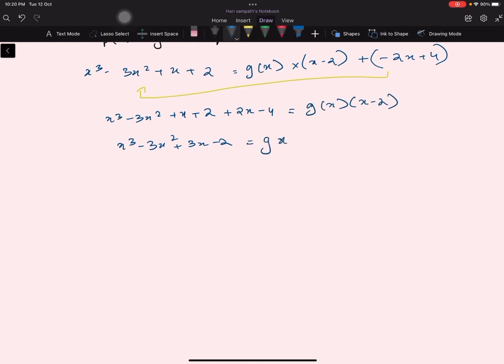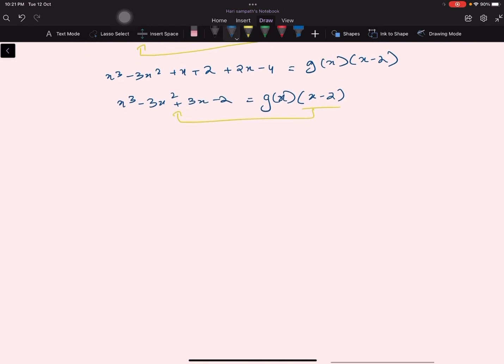So that leaves us with the g of x and x minus 2. So I'm gonna be sending x minus 2 here. So we're gonna divide it with it now. x cube minus 3x square plus 3x minus 2.